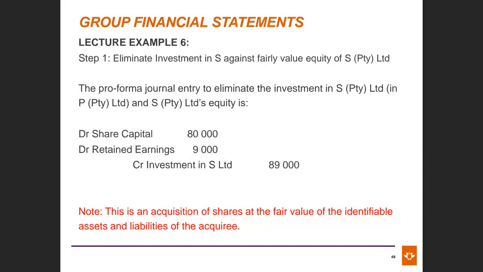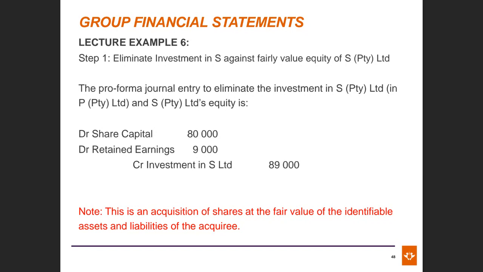So in this situation, is there going to be a gain from bargain purchase or goodwill? Because this is an acquisition of shares at the fair value of the identifiable assets and liabilities of the acquiree, the consideration paid was equal to the fair value of the identifiable net assets.